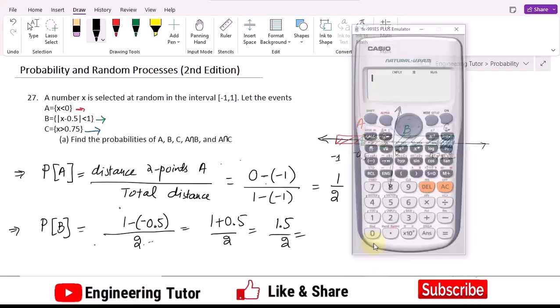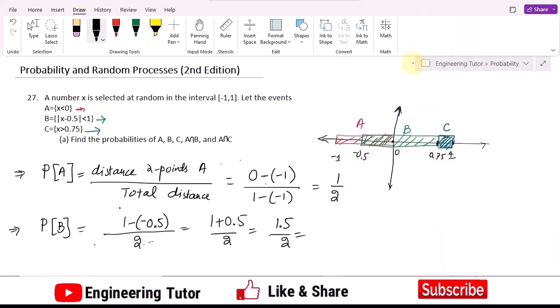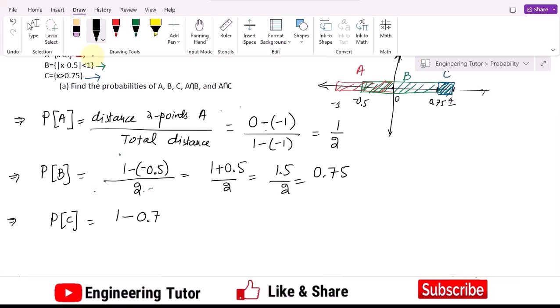How much would it be? Let me calculate it. 1.5 divided by 2 will be 3 by 4, or 0.75. So the probability of B is 0.75, while the probability of C is, again using the same formula, the distance here is 1 minus 0.75 divided by 2.